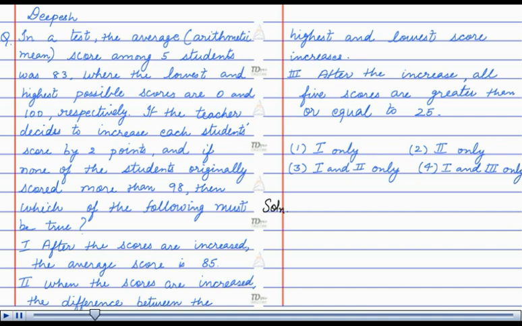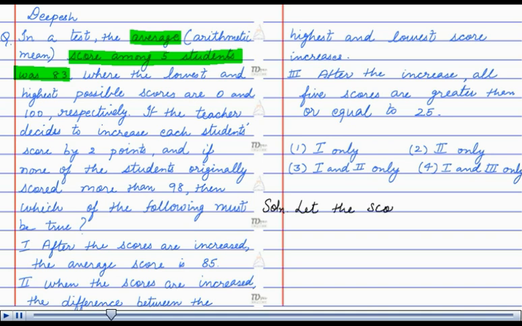It is given that initially the average score among 5 students was 83. Let the scores obtained by the 5 students be A1, A2, A3, A4 and A5.